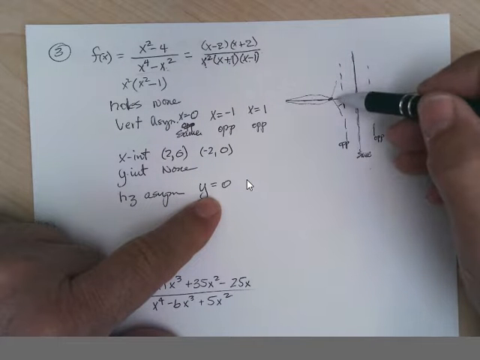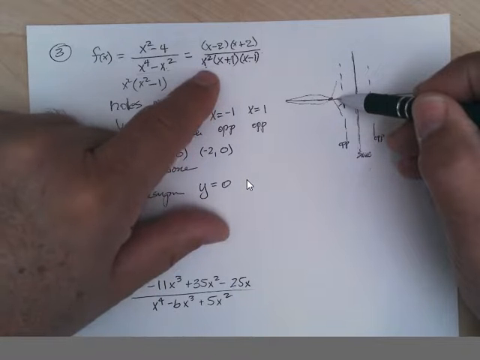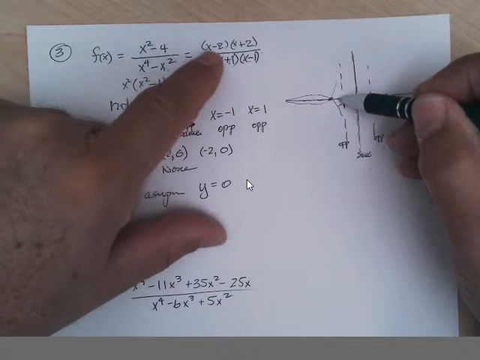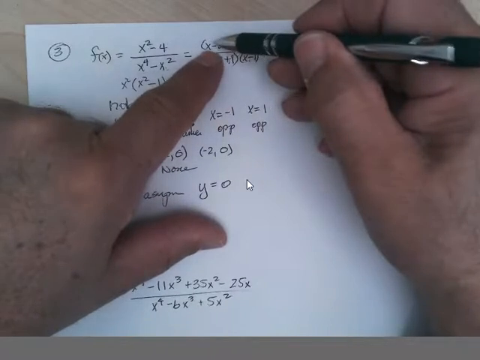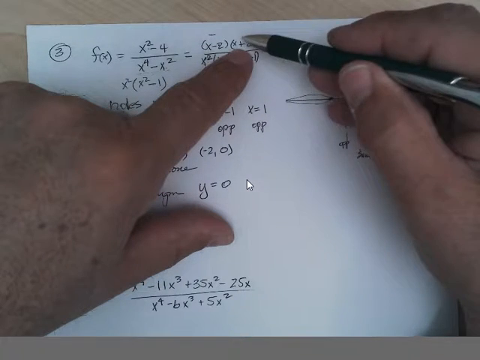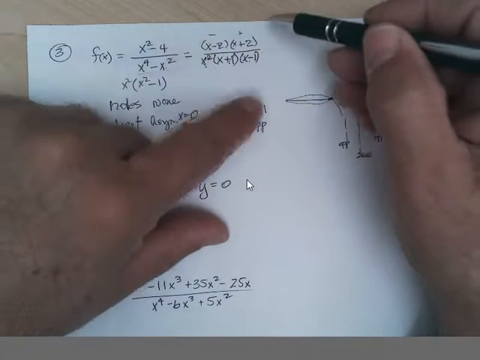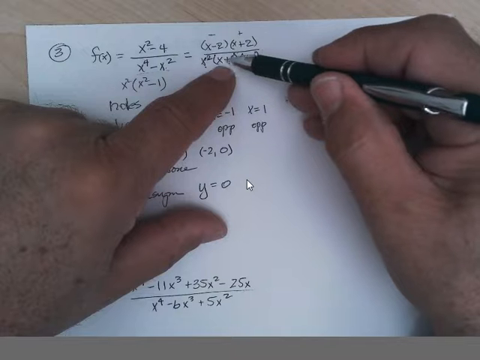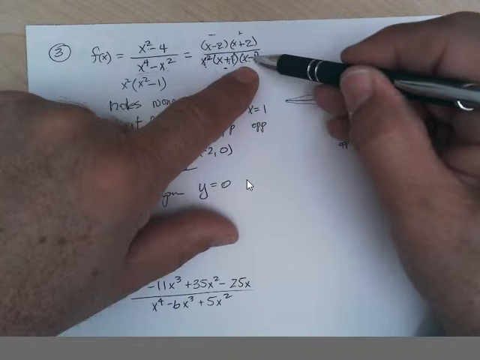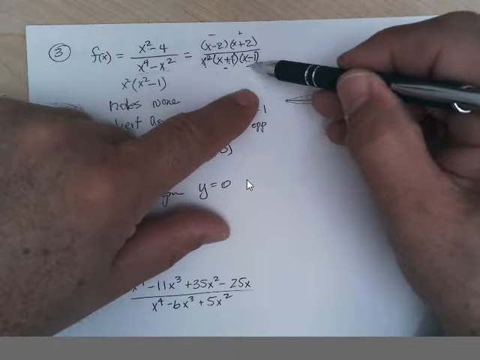So let's put in negative 1.5, and I'm just going to look at the signs. Negative 1.5 minus 2, that would be negative. Negative 1.5 plus 2 would be positive. Negative 1.5 in here, that factor would be negative. Negative 1.5 minus 1 would be negative.